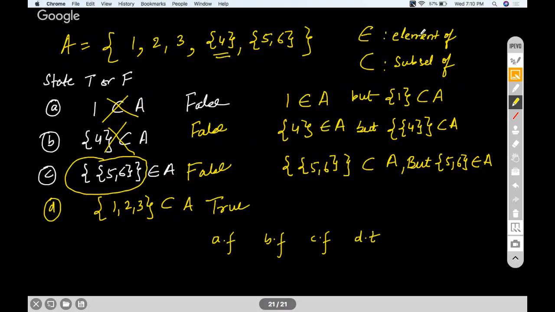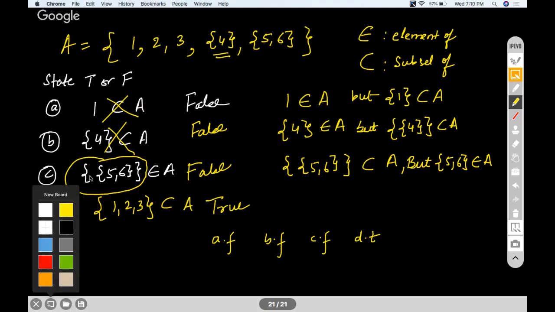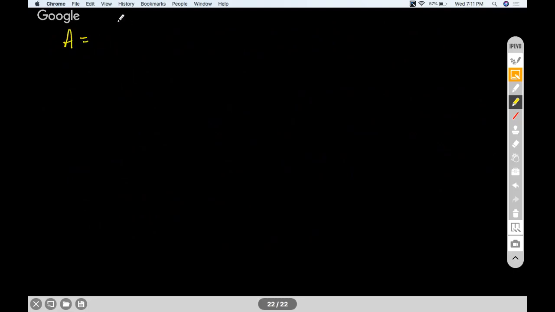Okay. Next question is a similar looking question. A is 1, 2, 3, 4 in a set, 5. Okay. State true or false.